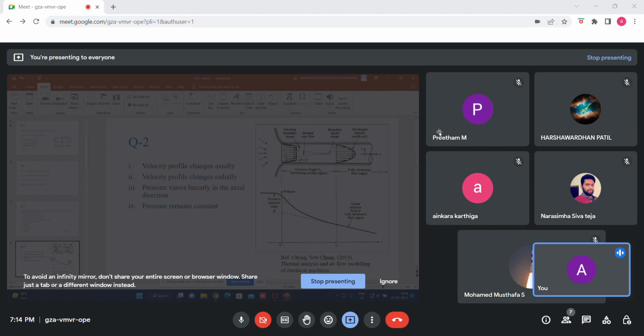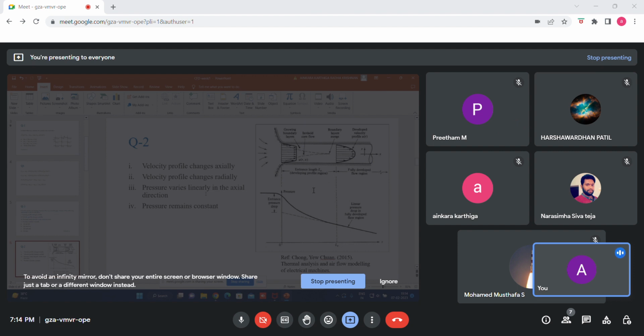Since it is not a fully developed flow, the velocity profile is varying axially as well as radially. So option 1 and option 2, both the options are right.